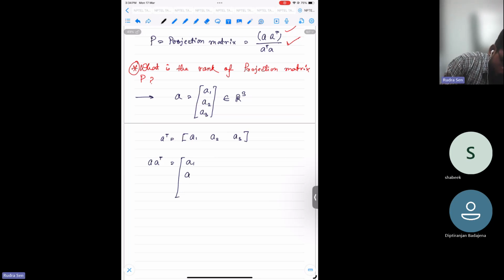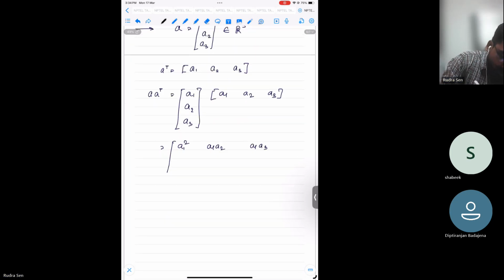This is A1, A2, A3, and then A1, A2, A3. So what do we get? A1 square, A1A2, A1A3; A1A2, A2 square, A2A3; A1A3, A2A3, A3 square.